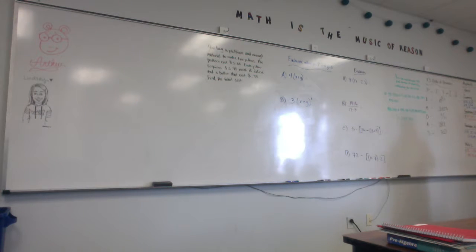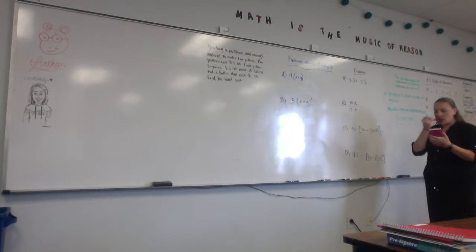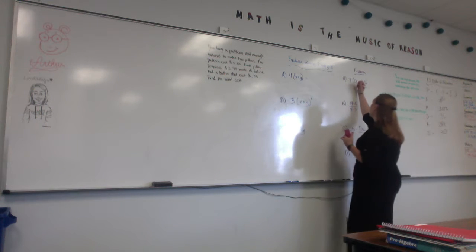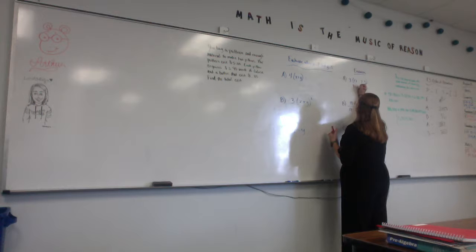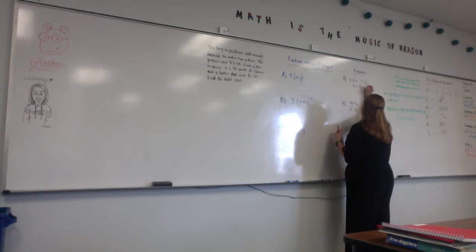Order of operations. What do I do first, Emma? Okay, 17 minus 2.3. What is 17 minus 2.3? 14.7. Good. So then I have 8 times 14.7. So what is 8 times 14.7?